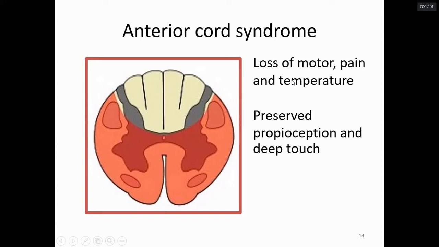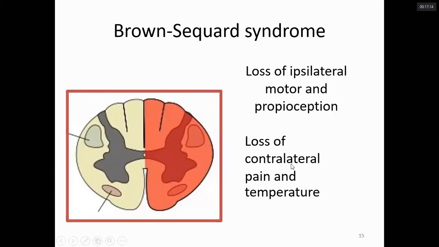This is hemi-transection of the spinal cord, where one half of the spinal cord is transected. Then the patient may present with loss of ipsilateral motor and proprioception, whereas there is loss of contralateral pain and temperature. These features depend on the tract involved, whether the spinothalamic tract, posterior column, or corticospinal tract, and on the level of the lesion.